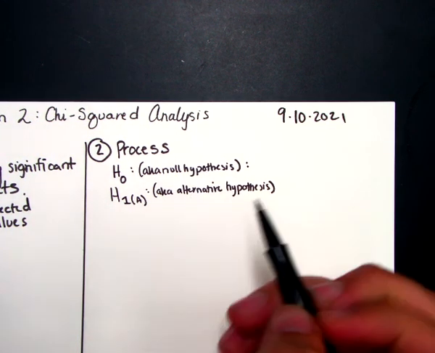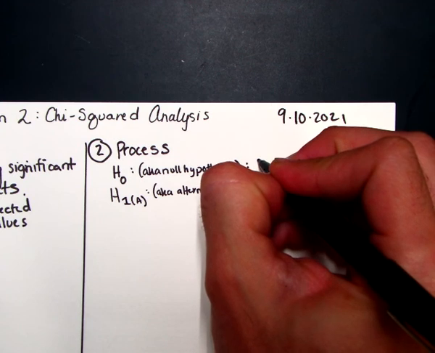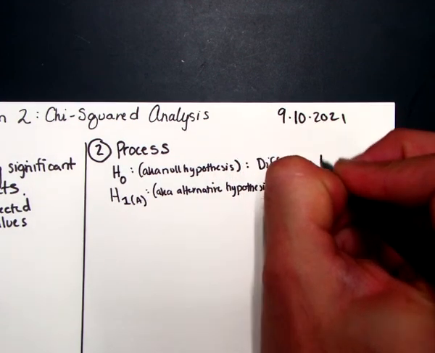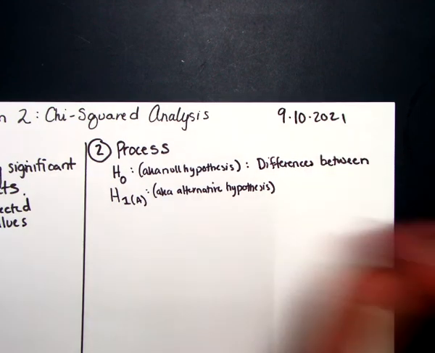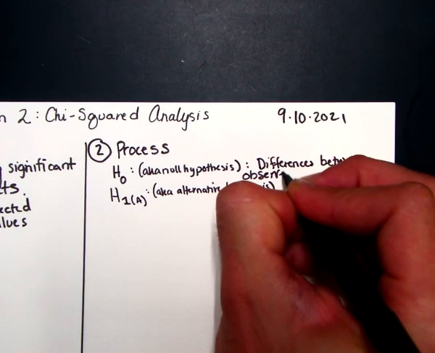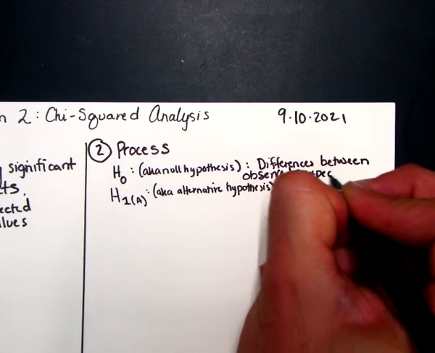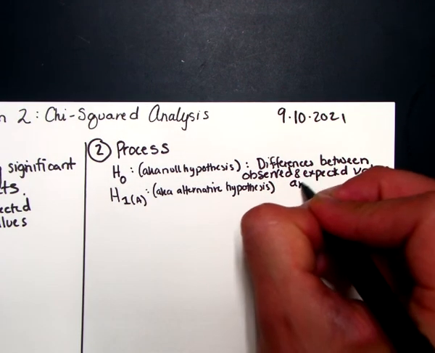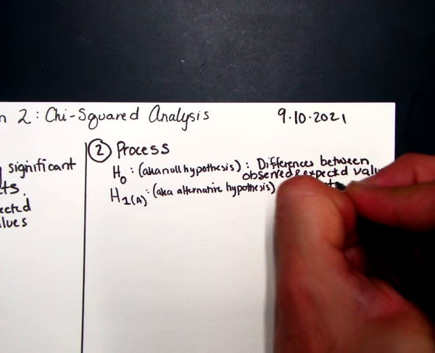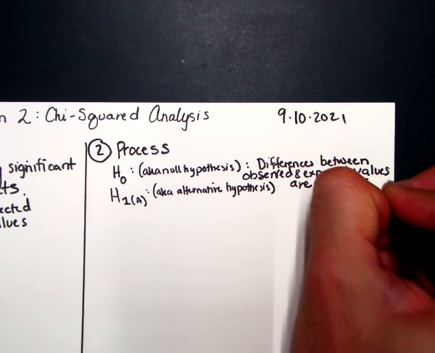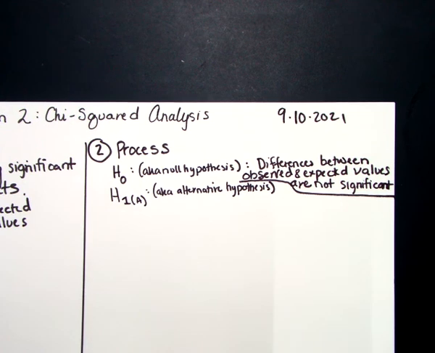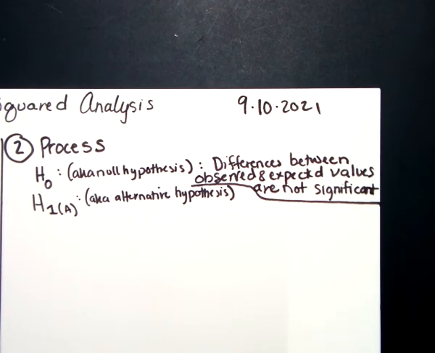The null hypothesis is that differences between observed and expected values, sorry, I got a little crammed up here, are not significant. The differences between observed and expected values are not significant.